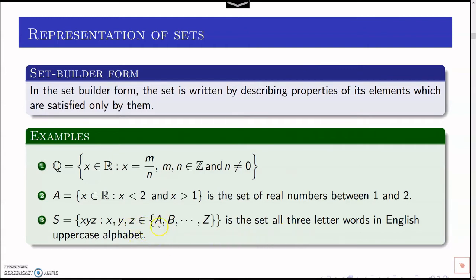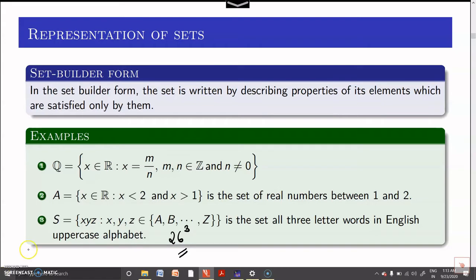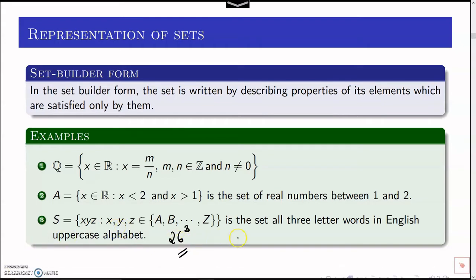Now I have 26 uppercase alphabets, and I'm picking 3 at a time, so there will be a total of 26 raised to 3 elements in this set. Listing this would be quite difficult. So in set builder form, this is how the set looks.